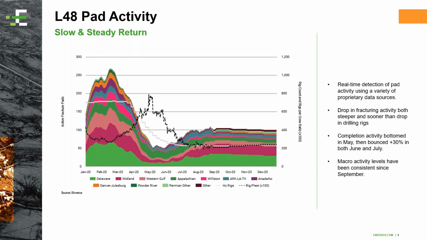Sure. So the shape of that really is precipitated by, in my view, two things. Number one is that the rig contracts are generally a little more punitive in how fast they can be dropped and what happens when they're dropped versus the frac contracts. I mentioned that the frac crews dropped faster than the drilling rigs, and I also mentioned in that last slide the cyclicality we've seen in completion activity.